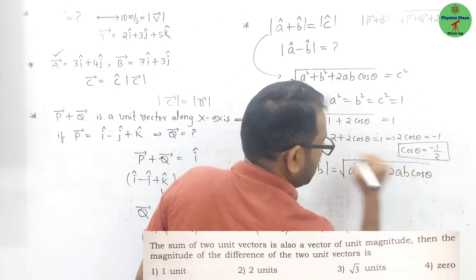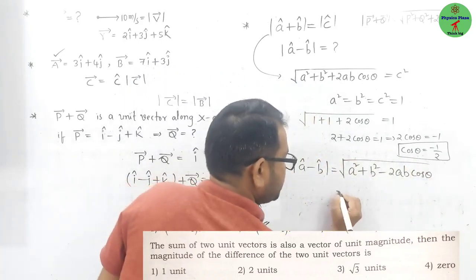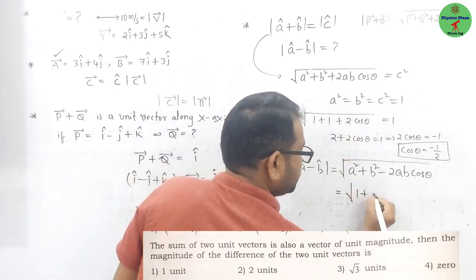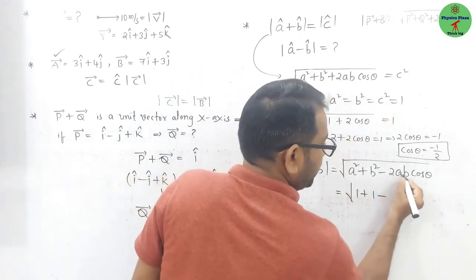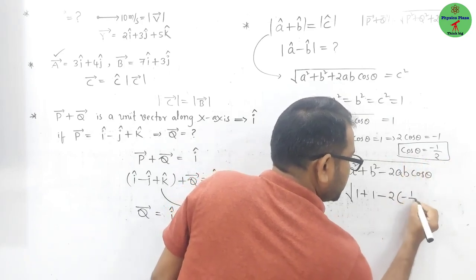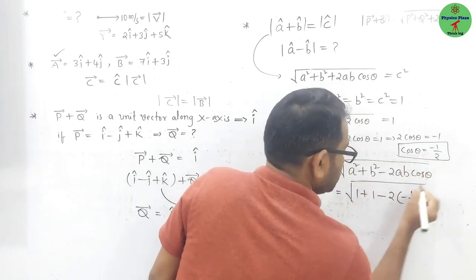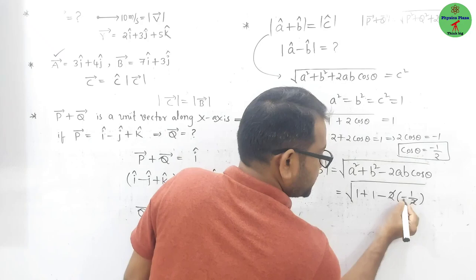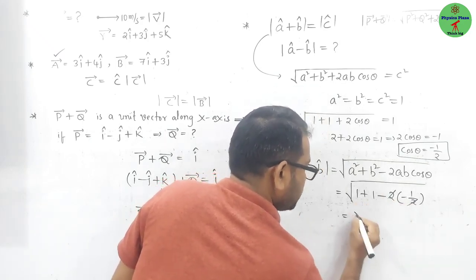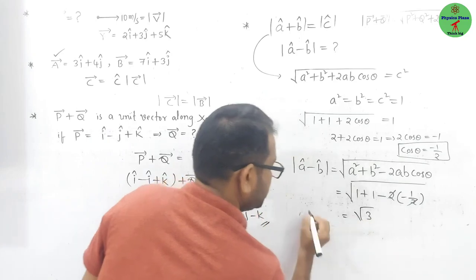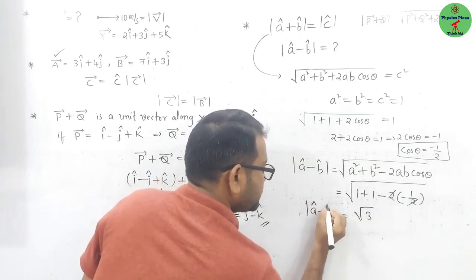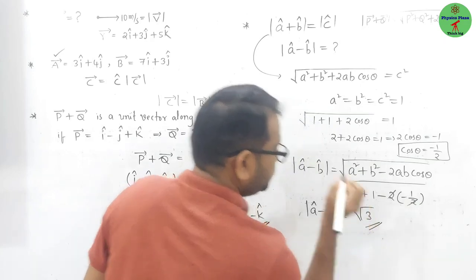So now, as we know, a square value is 1, plus 1 minus 2 into 1 into 1 into cos theta, and the cos theta value we got is minus 1 by 2. Put it here, that's it. So here the 2 gets cancelled, minus of minus is plus. So this will be 1 plus 1 plus 1. This will be root 3 units. That's it. So the magnitude of the difference of these two vectors is root 3.